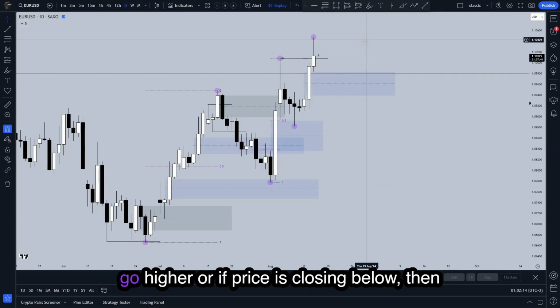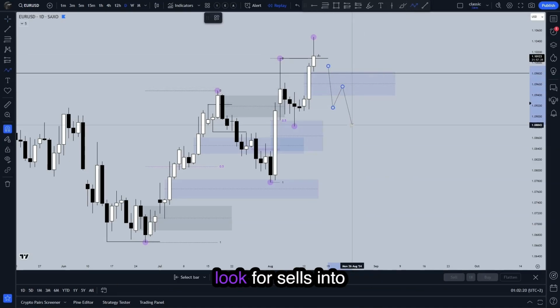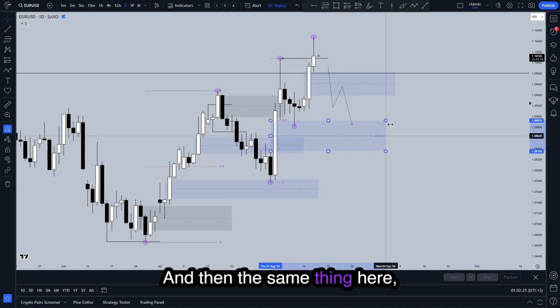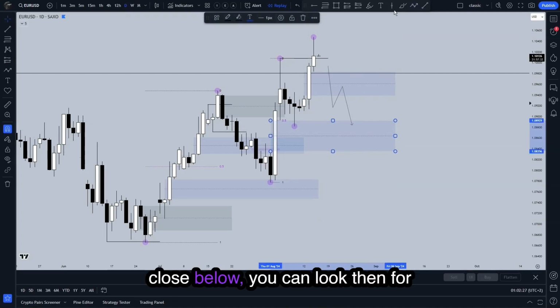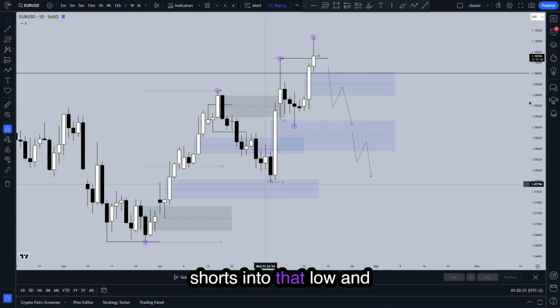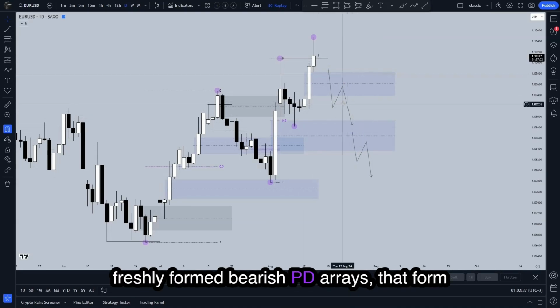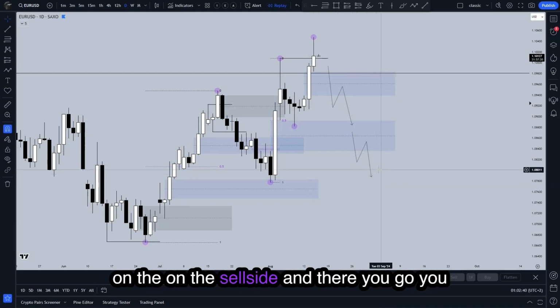If we consolidate and go higher, or if price is closing below, then we can use that as an inversion level to look for sells into that low here, right? And then the same thing here: close below, and look then for shorts into that low, and couple them, the inversion levels, with the freshly formed bearish PD arrays that form on the sell side.